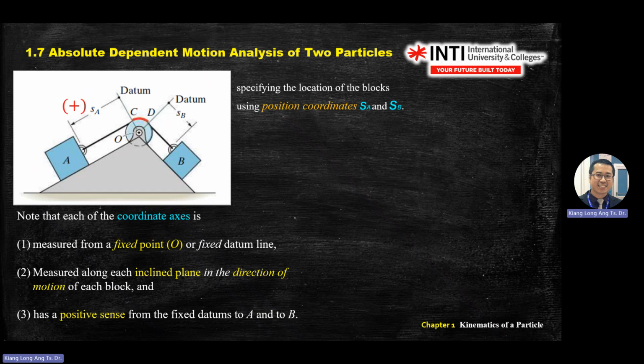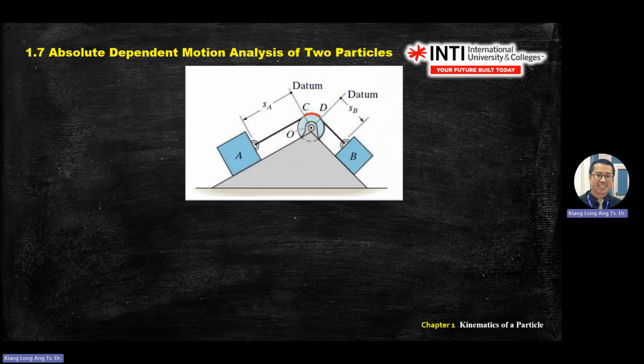Just remember this one. As you do more and more exercises, you don't need to write this already. You just need to know where positive is in the diagram. Okay, so how do you calculate the total length in the system?